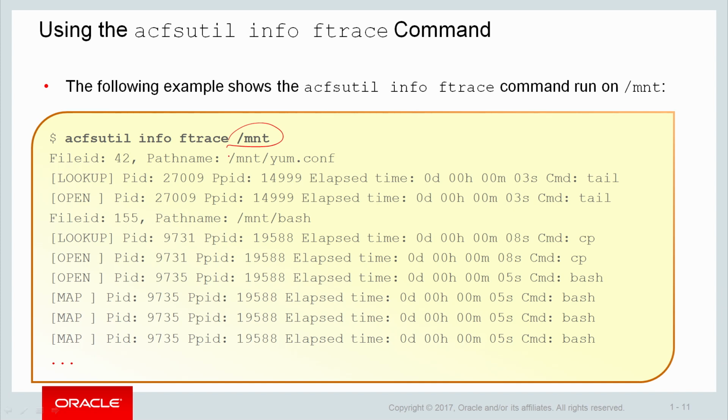ACFS util info ftrace mnt will give us information about which files are open. We can see which files are open and which process has them. Lookup means that this file was found using a full path name, and the map here indicates that this particular process mapped this file into memory.